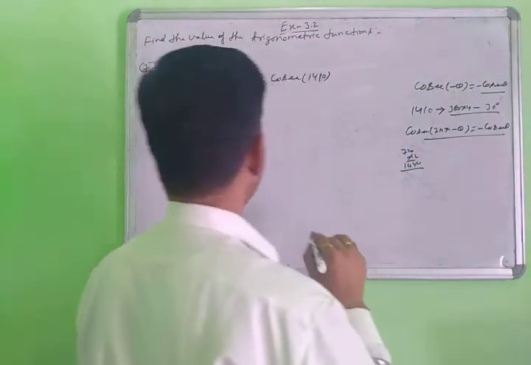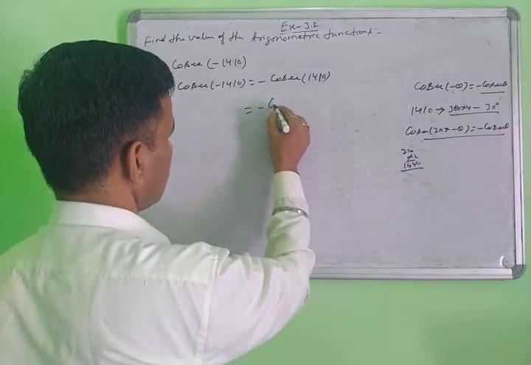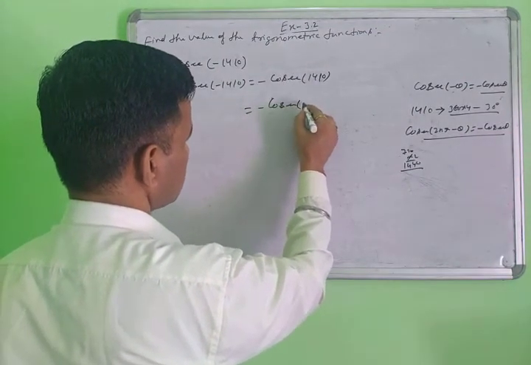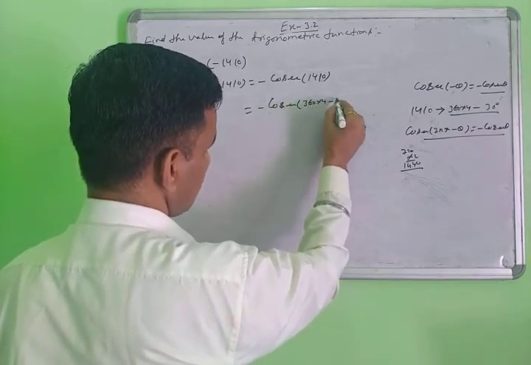Using this identity, now look here, this is the minus sign: cosec of 360 into 4 minus 30 degree.